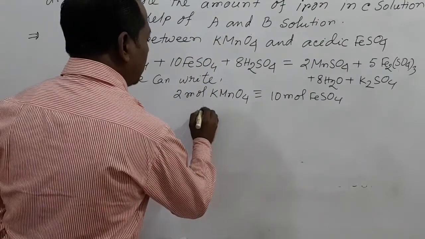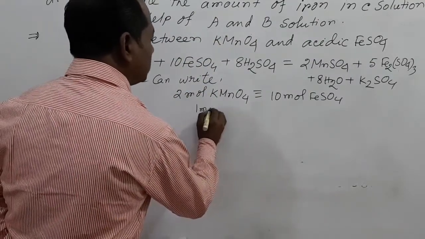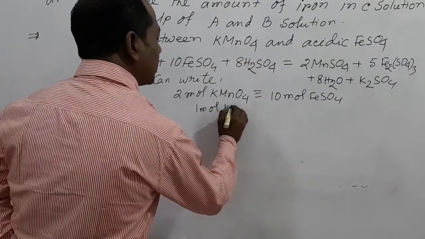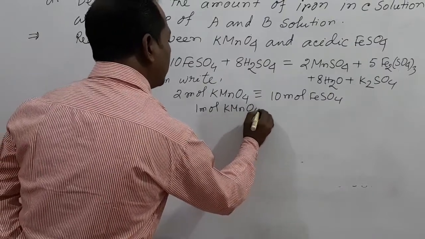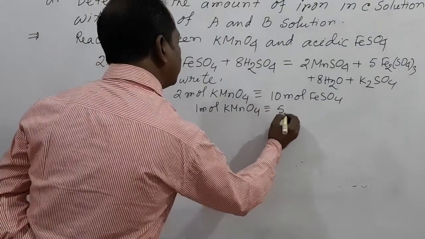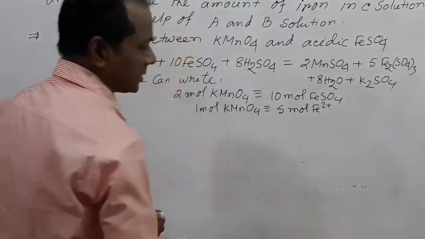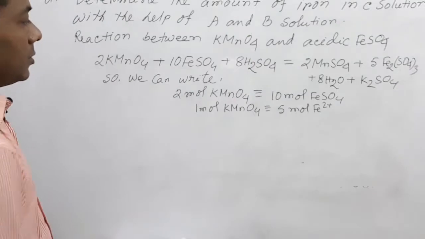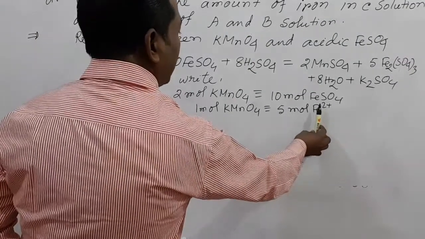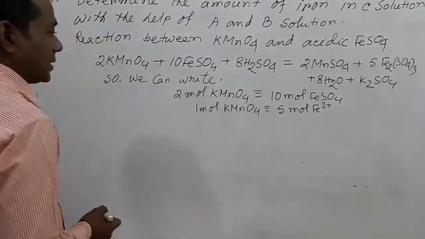So, 1 mole KMnO4 is equivalent to 5 mole Fe2+, because the iron comes from ferrous sulfate.